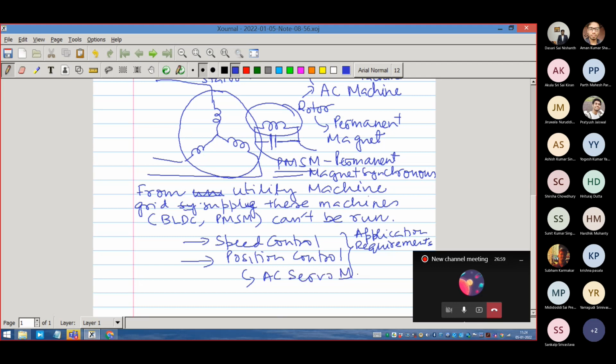Whenever you see a machine is said to be a servo machine, you understand that they are not for industrial uses. They are mostly for position control kinds of applications. Those machines are mainly synchronous machines.